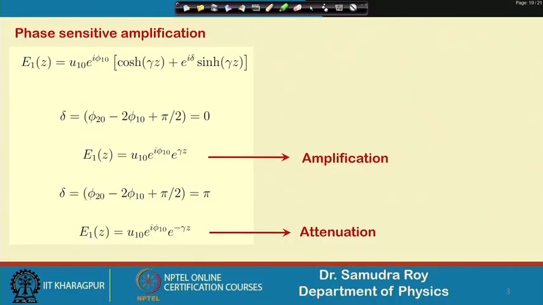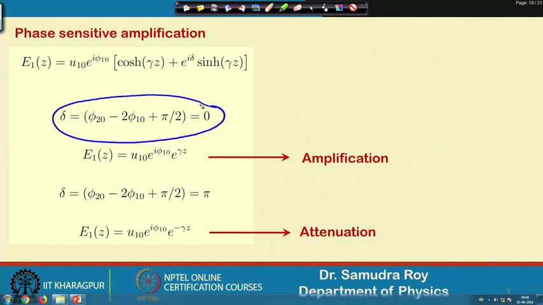So, this is the slide that we used in the last class, and we find that for subharmonics, delta is an essential parameter, which is the phase relationship between the two fields E1 and E2. This phase relationship suggests that if delta equal to 0, we have amplification, and if delta equal to pi, then we get attenuation.